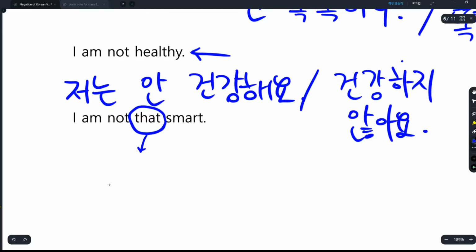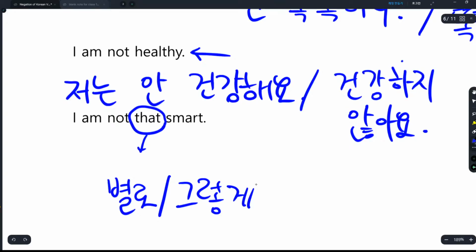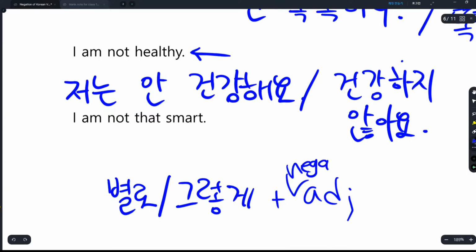We can use two adverbs, either 별로 plus adjective or 그렇게 plus adjective, right? Oh, and they have to be followed by a negative adjective, right?